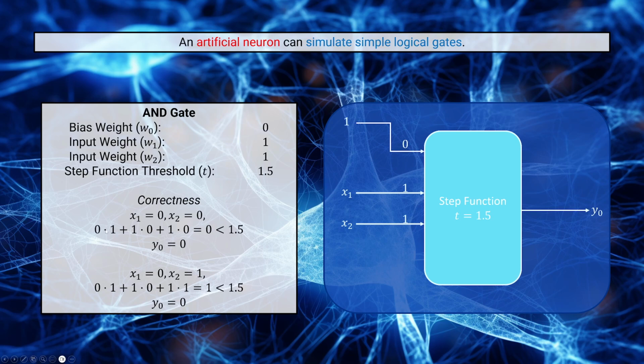If both are zeros, the total sum of our input is going to be 0, so we output 0. If one of them is 1 and the other one is 0, the total sum will be 1. And again, less than 1.5, our output will be 0. And for the other case where the other one is 1, and then only when both are 1 do we have a sum that adds up to 2 that can exceed our threshold and output 1.